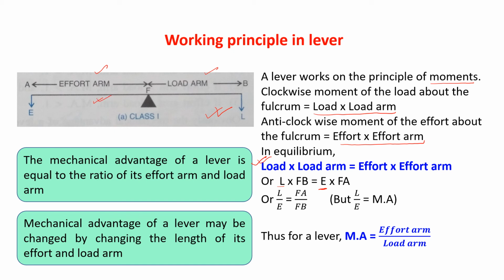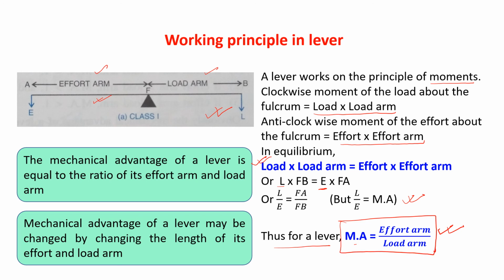Or from here, load by effort is equal to FA by FB. Load by effort is nothing but mechanical advantage. So for a lever, mechanical advantage is equal to effort arm by load arm. This you have to remember.